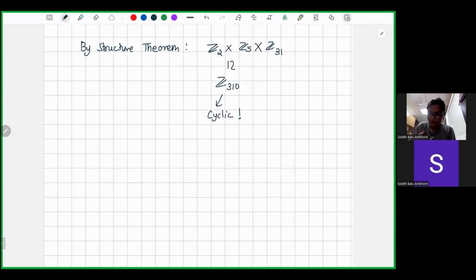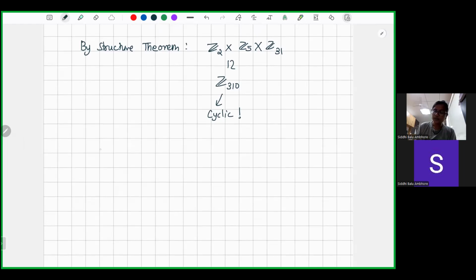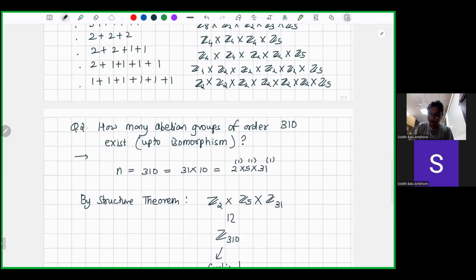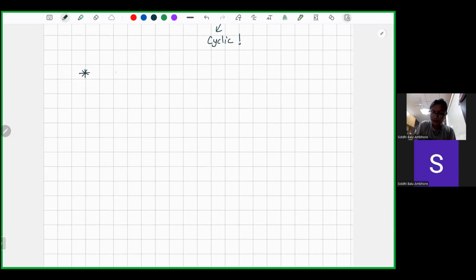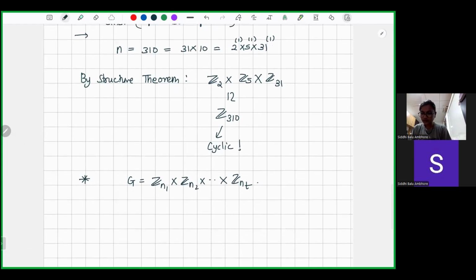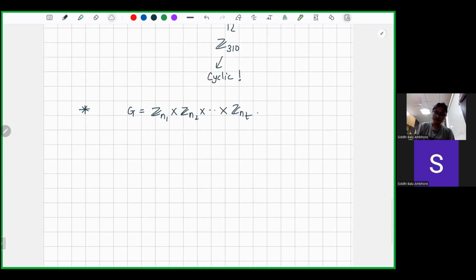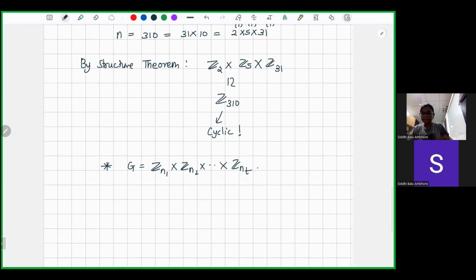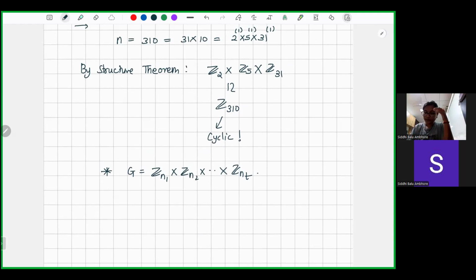And apart from this, what I was saying is, one thing which I wanted to point out here is that if you have a group G of this kind, then yes, this is the only possibility.